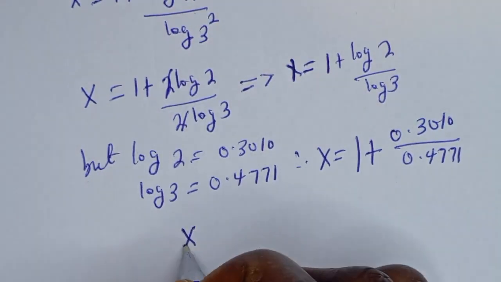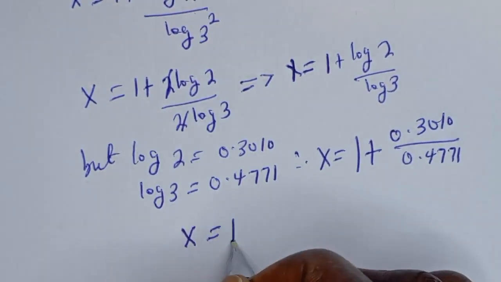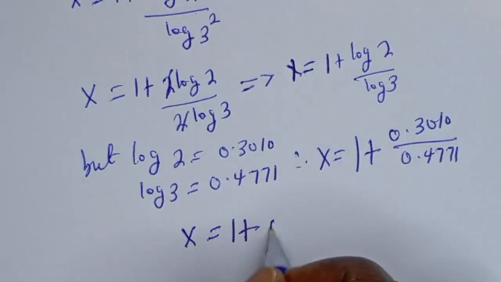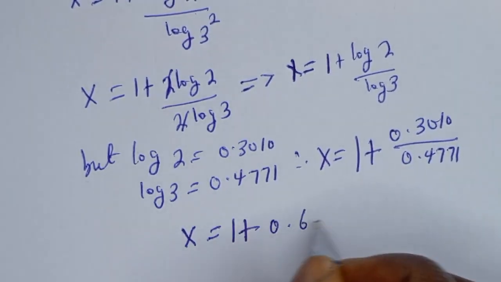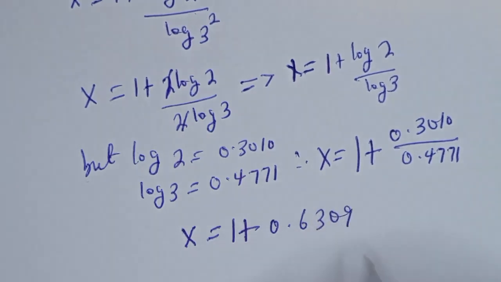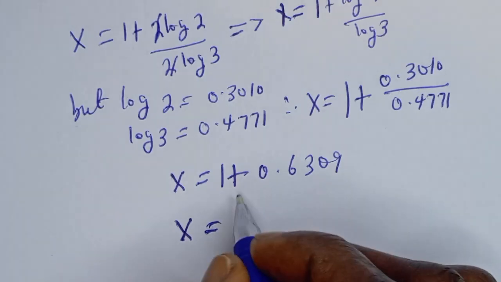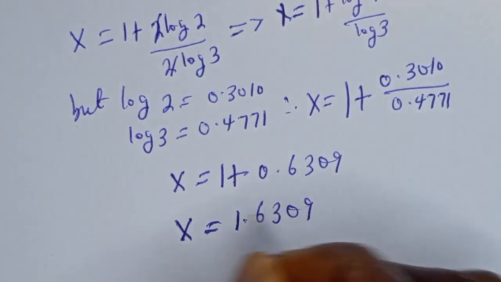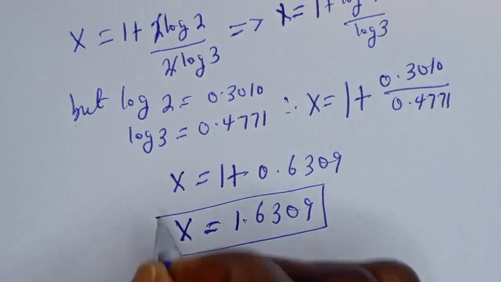Then S is equal to 1 plus, if you divide this by this, we have 0.6309. Then if you add this together, S is equal to 1.6309. This is the final answer.